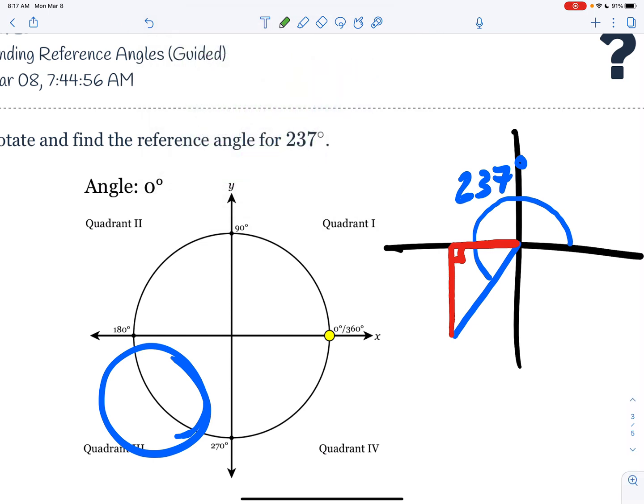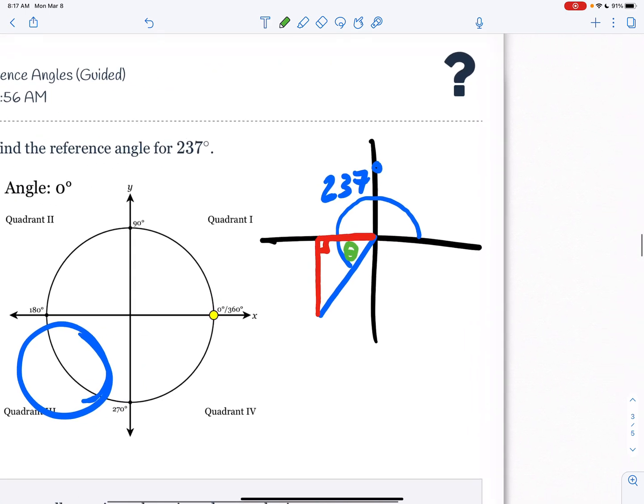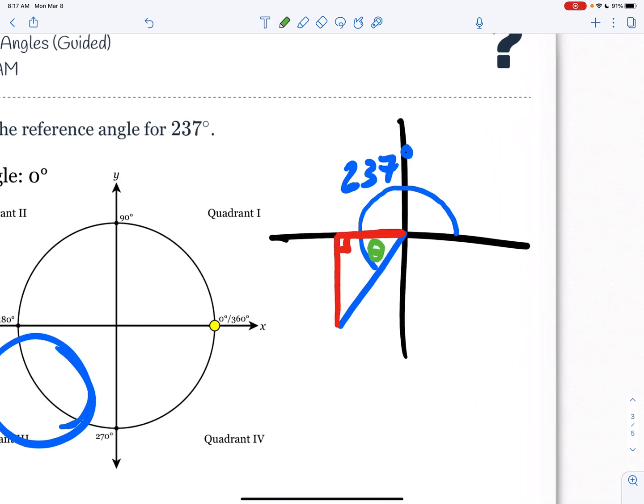Now this one is probably the most challenging type of problem when you're in quadrant 3. People tend to approach it a little bit differently. I want you to logically explain what theta should be. Press play when you're ready. Think about what theta should equal here, okay?